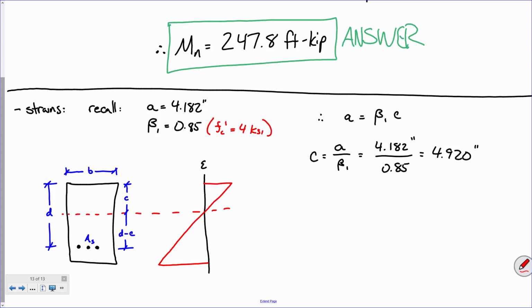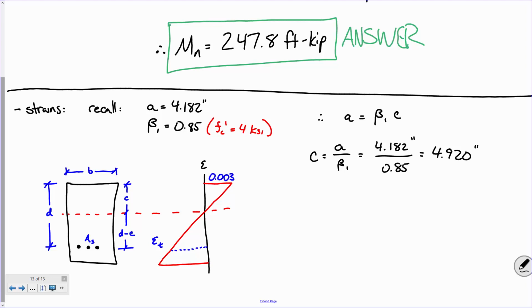Now, pop quiz. What is the magnitude of strain at the top of this section? Right here. How much is that? There we go. We always assume a maximum usable strain of 0.003. What I am after right now is the strain right there, and I'm going to call that epsilon sub t, the tensile strain. Okay? So watch how I'm going to express that.